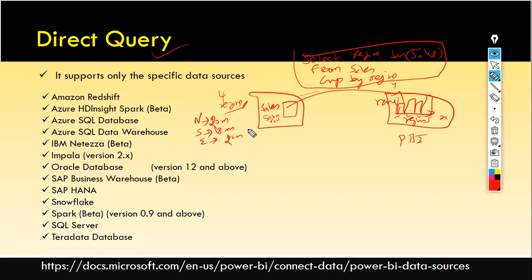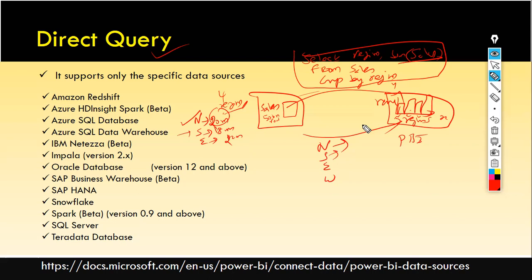This query will not retrieve each and every record. The 20 million records will not be sent back here. It applies the sum on the sales column for each region. So at the end of the day, only the four regions: north, south, east, west.